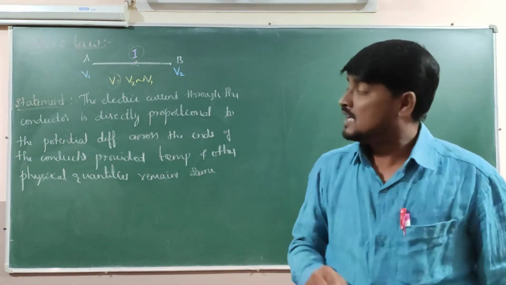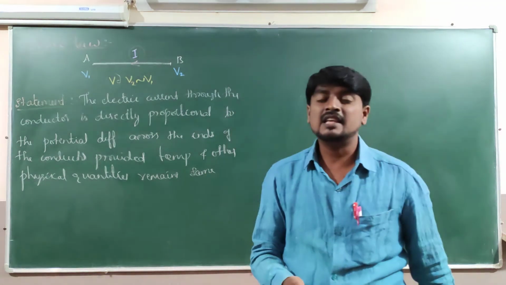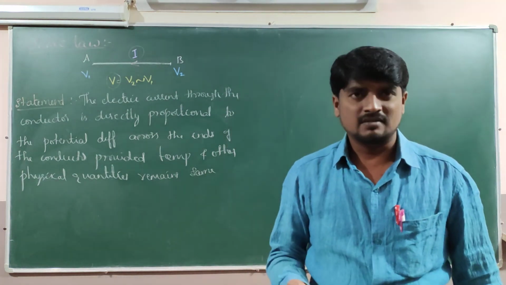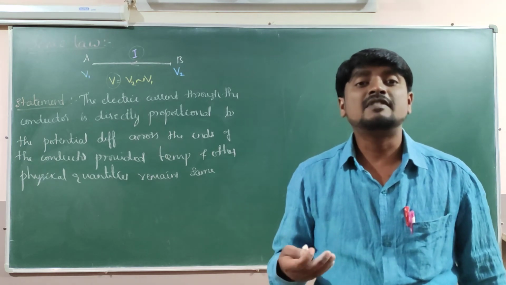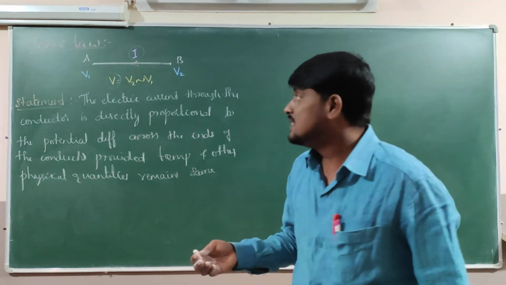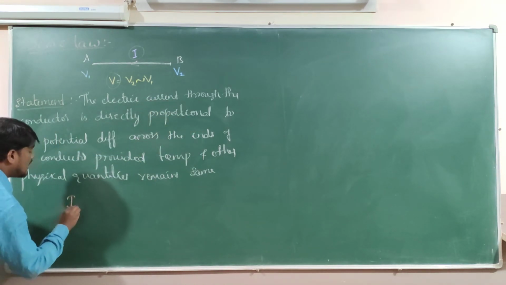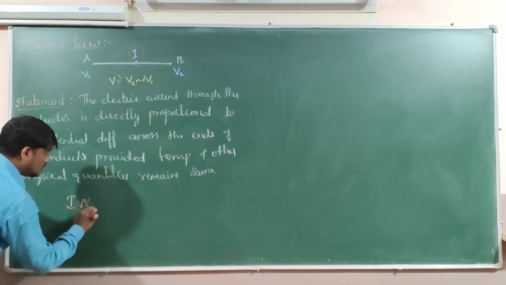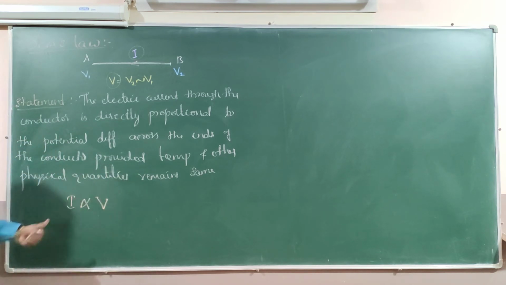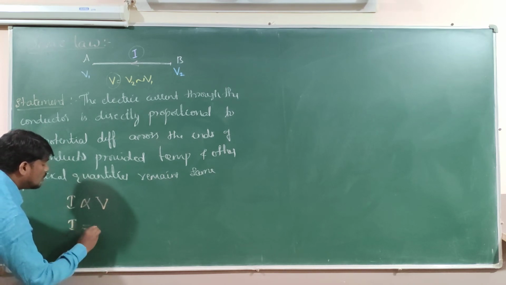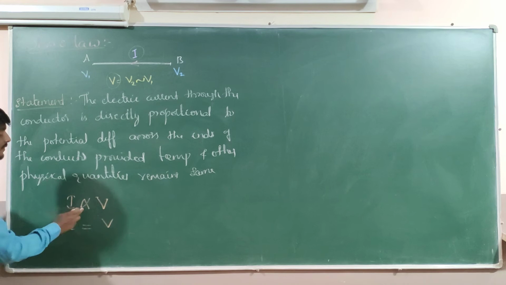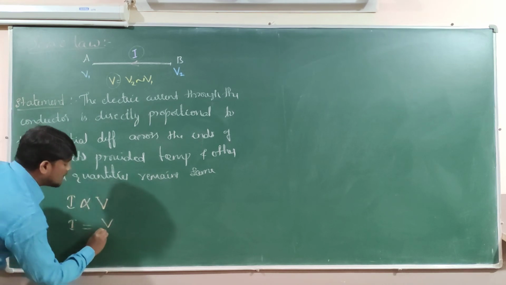Second thing, he says, if there is a change in the pressure, some physical quantities, pressure, temperature, if these physical conditions remain the same, then the electric current I is directly proportional to V. Both are uppercase, I is directly proportional to V. Then, if I replace this proportionality by an equal to sign, I must use a constant.